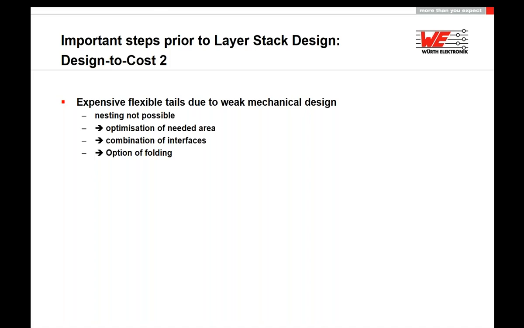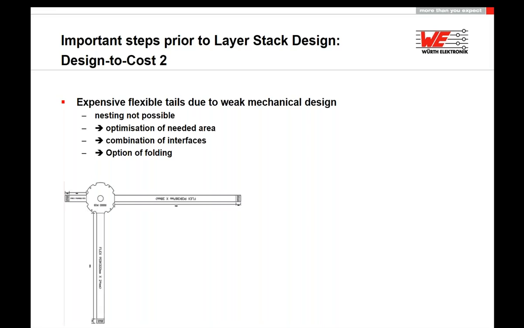On the right side, we are looking into a box and see a mechanical design with some components distributed by accident, let's say. If you make a flat view of this construction, you will see that this needs a lot of area, so this will be very expensive.